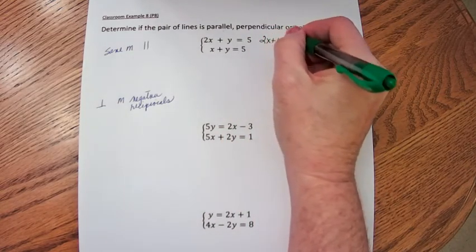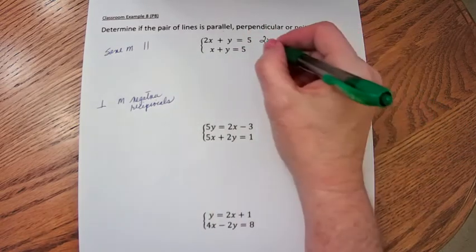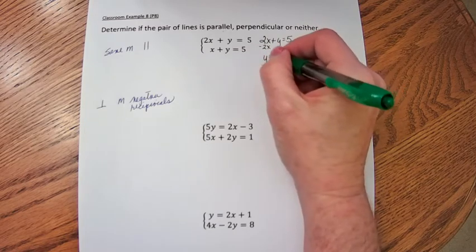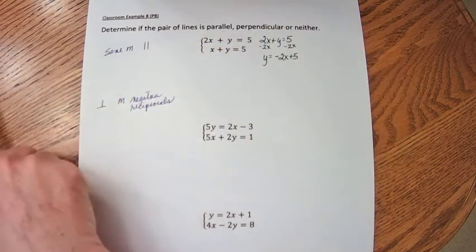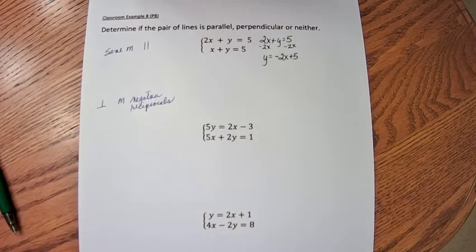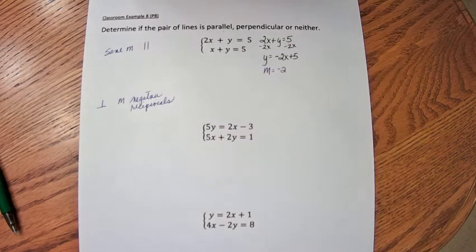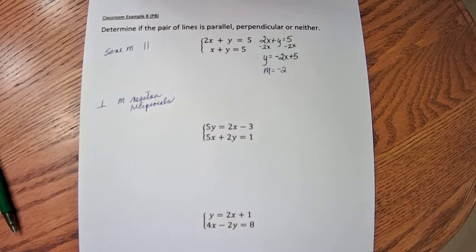So 2x plus y equals 5. We want to get this in slope-intercept form. So I'll subtract 2x. I get y equals negative 2x plus 5. So the slope of this line is negative 2. Now if the slope of this line is negative 2, they're going to be parallel.